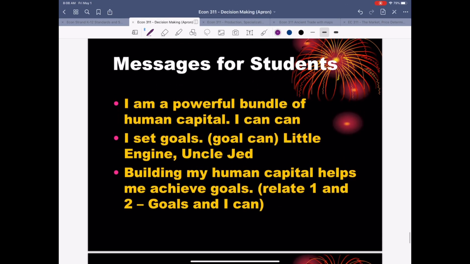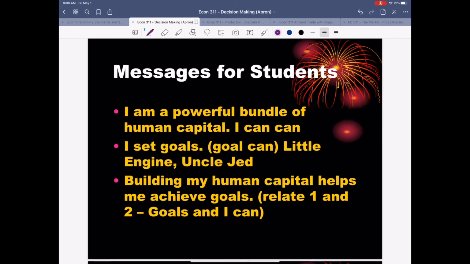The messages we have for our students then are, I am a powerful bundle of human capital. And in one of our lessons, there is the creation of an I Can, which is a really fun classroom activity, a constant reminder that students can add skills and decision-making skills to the bundle of human capital that they possess.